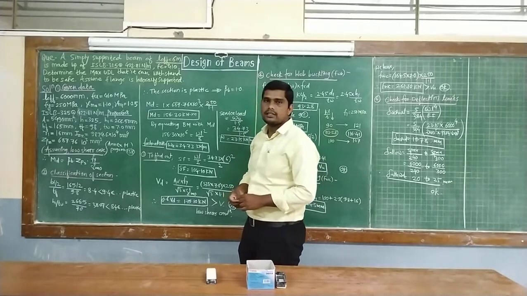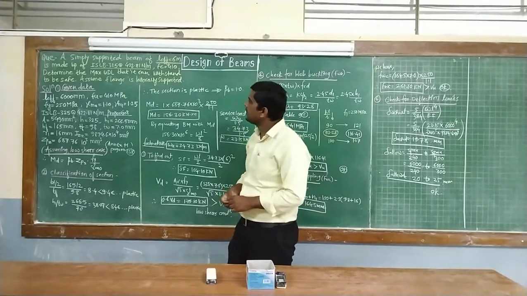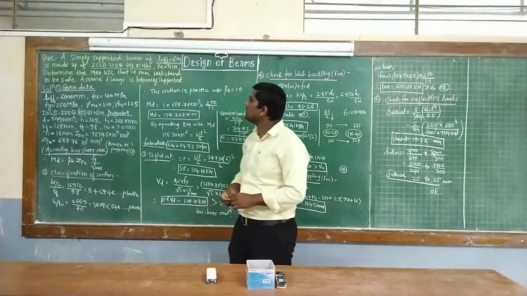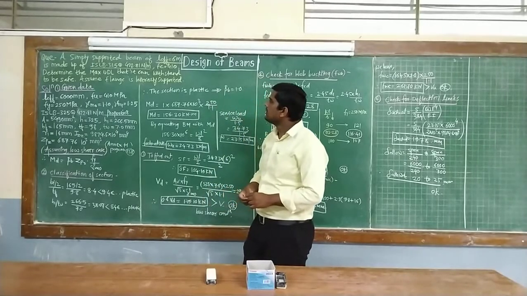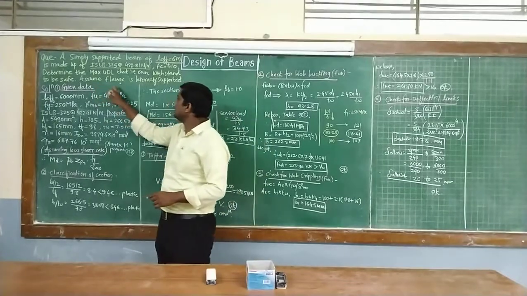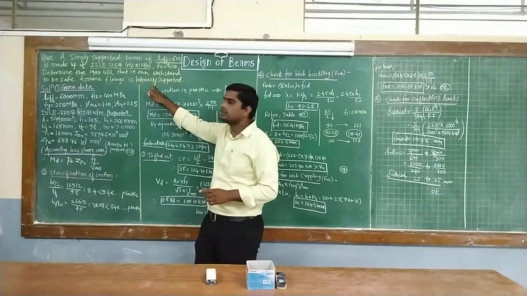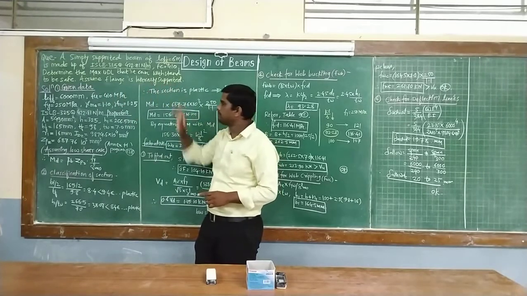Grade of steel Fe410. Determine the maximum UDL that it can withstand. Here we assume the flange is laterally supported, that is the top flange of the rolled steel section is laterally supported.